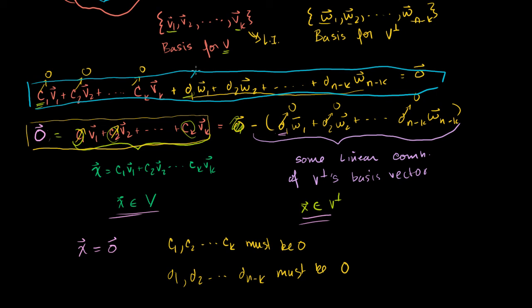Then we know that all of these terms, c1 through ck, d1 through d(n minus k), they all have to be equal to 0. That's the only solution to this larger equation that I wrote up here.